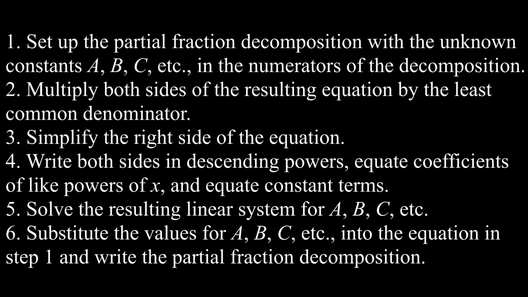Then simplify the right side. Write both sides in descending powers, equate coefficients of like powers of x, and equate the constants. Then solve the resulting linear system for the coefficients, and substitute them back in to write the proper decomposition.